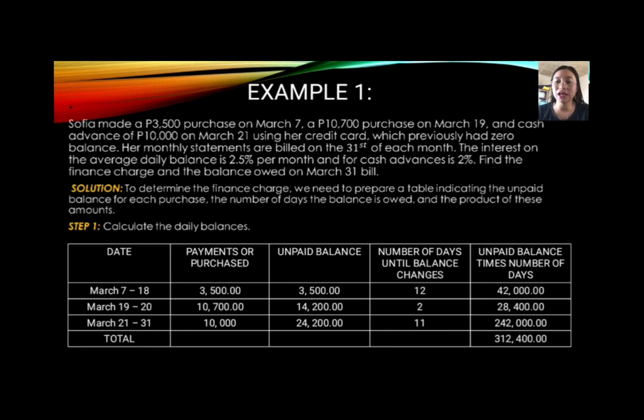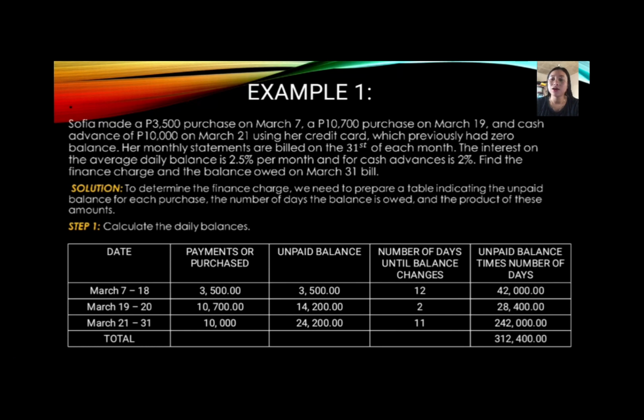As you can see in the table, there is a date, payments or purchases, unpaid balance, number of days until balance changes, and the unpaid balance times the number of days. On March 7, Sophia purchased 3,500 pesos, so it lists an unpaid balance of 3,500 pesos.